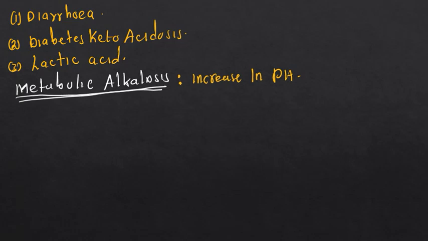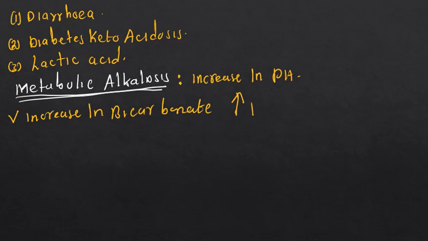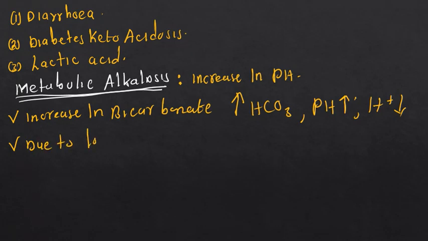What is causing the increase in pH? Remember, it will be due to an increase in bicarbonate. If the bicarbonate level increases, it means the pH is going to increase and hydrogen plus is going to decrease. That's the concept behind it. It occurs mainly due to loss of H plus ions.